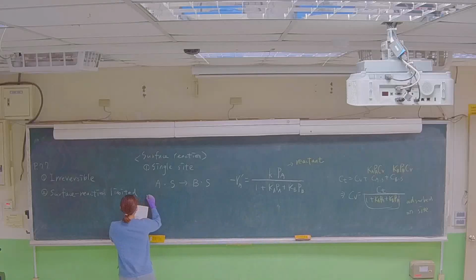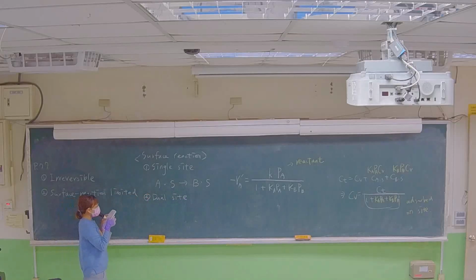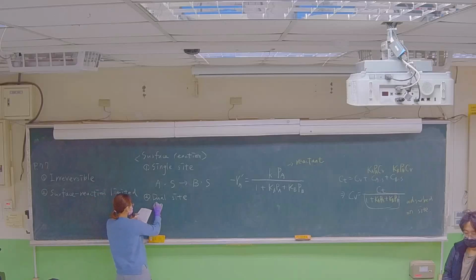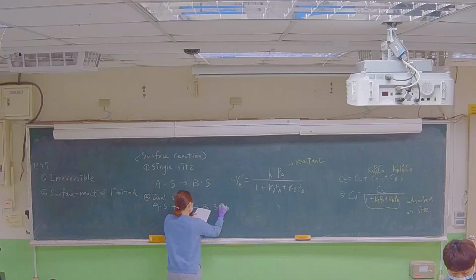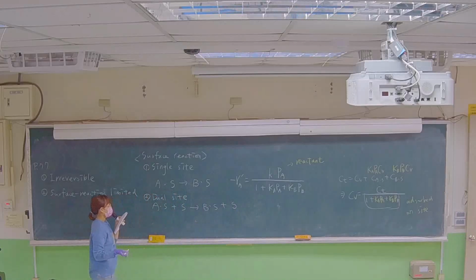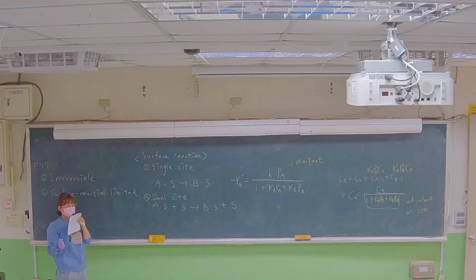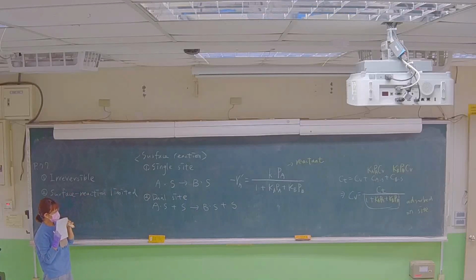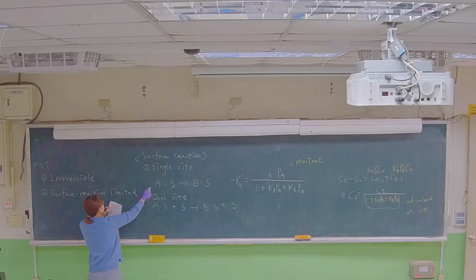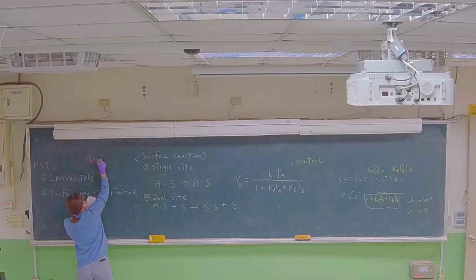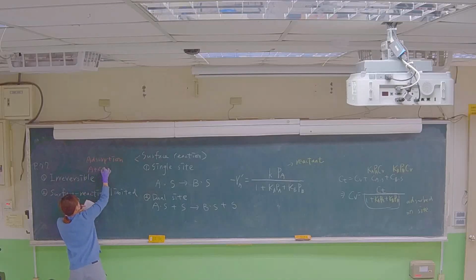We can see more for the dual site. For the dual site, if the reaction is A·S plus S becomes B·S plus S. Okay? I only write down the surface reaction part. So as you know, if the surface reaction is this one, the adsorption part should be this one.